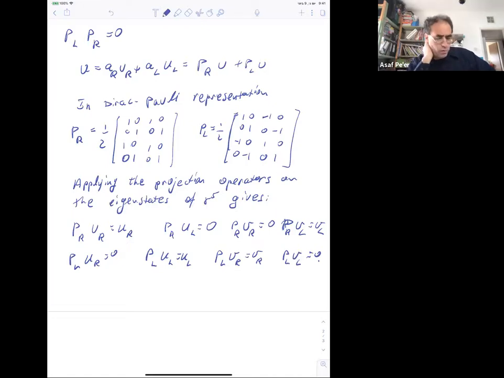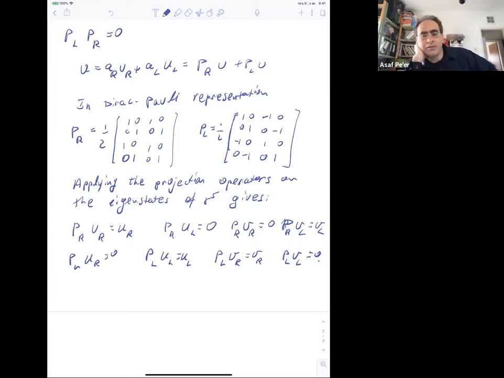And one last comment, there was a question I was asked about these presentations last time. I said that we're using the Dirac-Pauli representation for the gamma matrices because it's most convenient and mostly useful. But I told you that there are other representations as well. It's a matter of choice, right? I mentioned two.